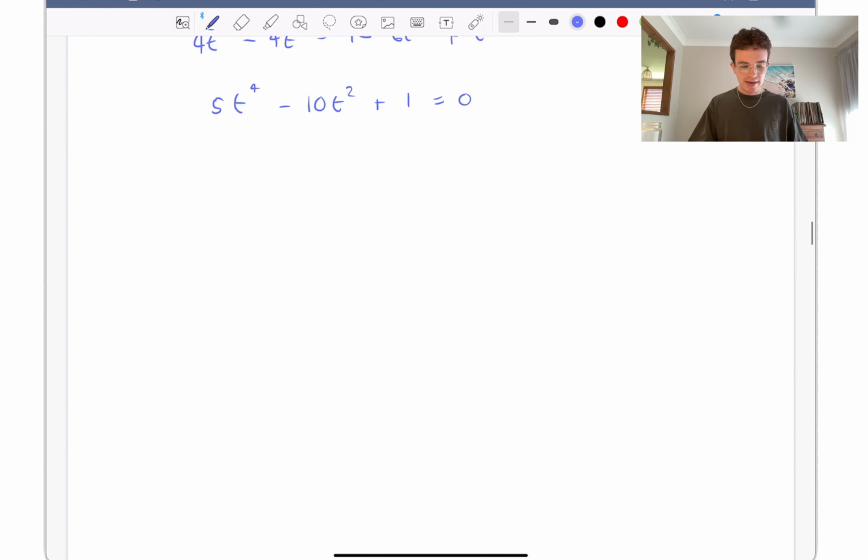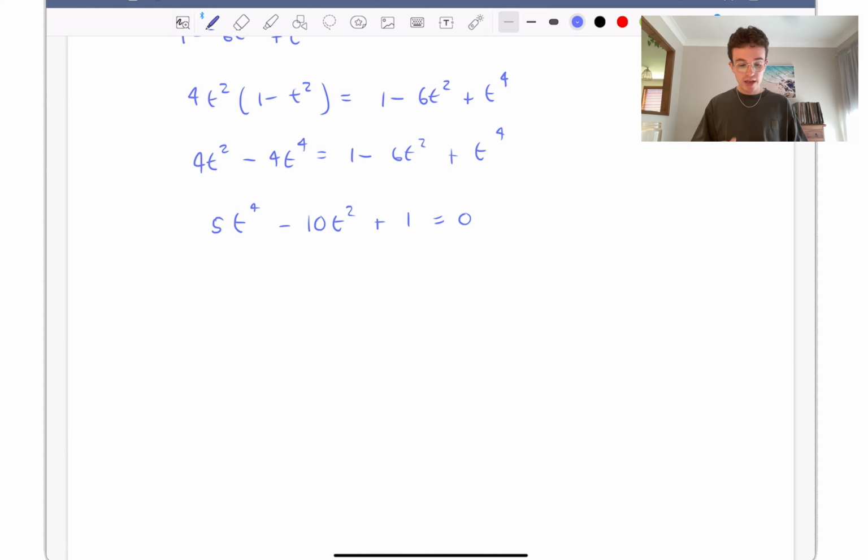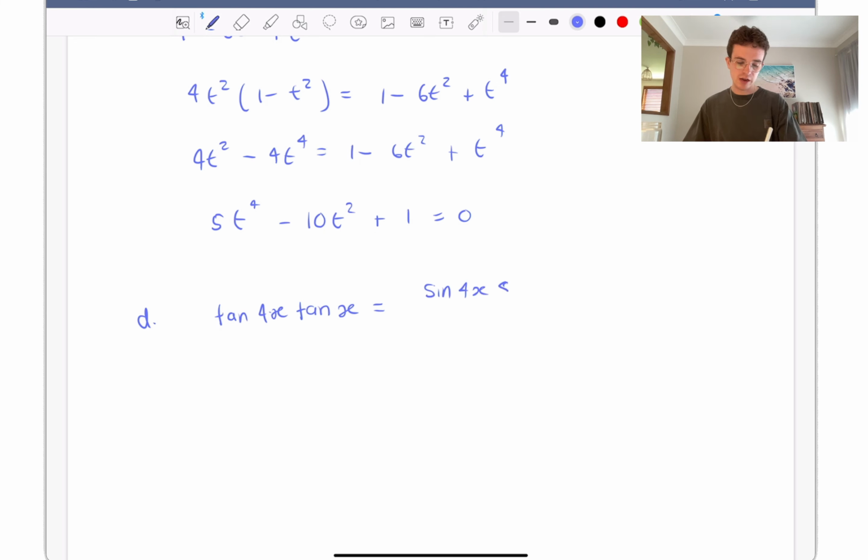Now, using the identity that we have just proven, or you would have proven in part C, first of all, tan of 4x tan of x is going to be equal to a half of, well, first up it's going to be sine of 4x on sine of x over cos of 4x cos of x.